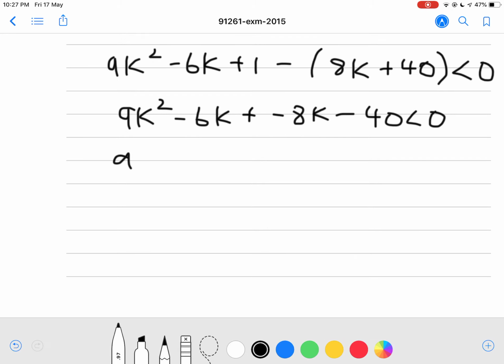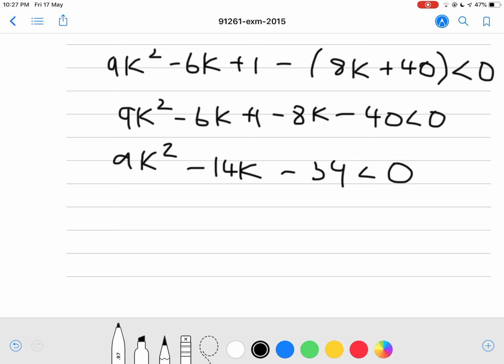So now we're going to say that 9k squared minus 14k minus 39 is less than 0.